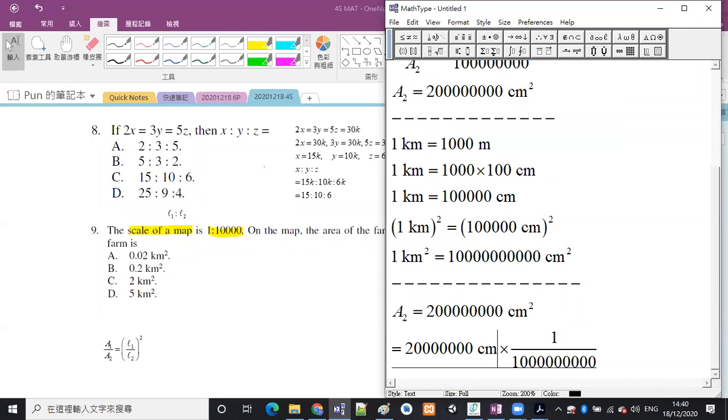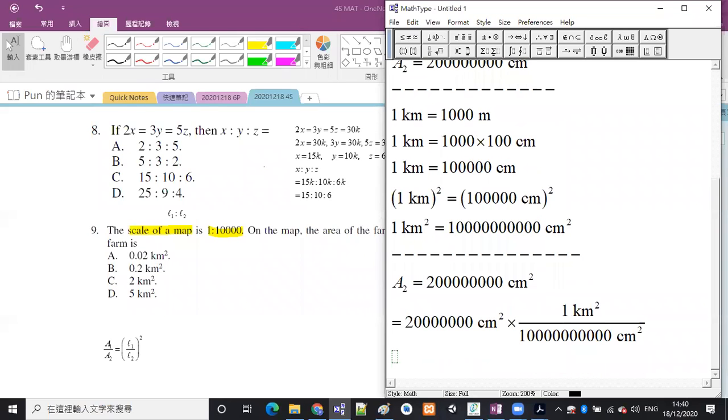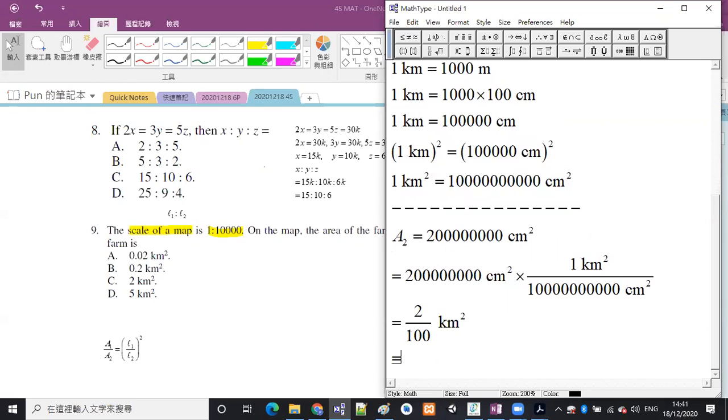Okay, write it clearly first. Like this, one zero is missing, it should be 10 zeros. It's okay. So this cm square cancels out, that is, the unit cancels out, and what remains is the numbers. Sorry, there should be 8 zeros here: 1, 2, 3, 4, 5, 6, 7, 8. And here there are 10 zeros: 7, 8, 9, 10. One has 10 zeros and one has 8 zeros, so there are 2 zeros left. OK, so 2 over 100, km square. Can you get this? And then just change this fraction to be a decimal number.